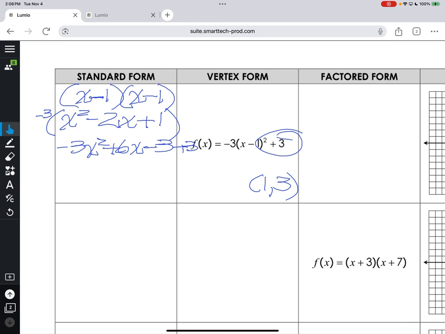So what does that give us? -3x squared plus 6x. Wait, where'd you get this 6? We multiplied everything across by the -3.